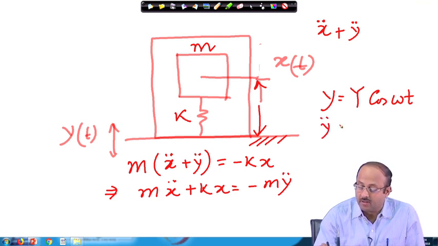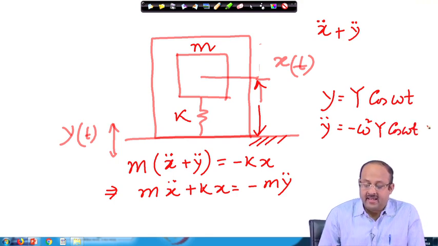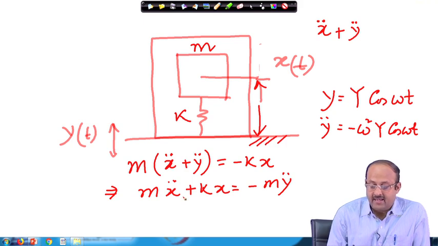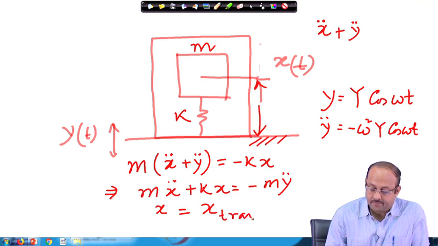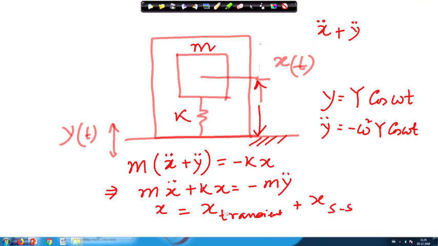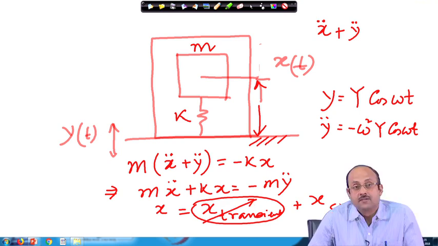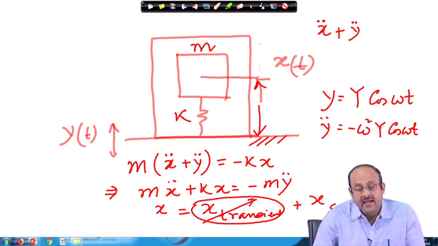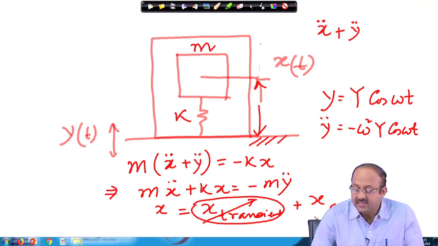In this situation, y double dot will be equal to minus omega square Y cosine omega t, and to find out x, the response will have two parts: one will be the transient response and another will be the steady state response. Eventually this transient response will go to 0, because there will always be certain damping present, even if the damping is very small, so that the steady state response is not sensibly affected by it. What remains is the steady state solution.